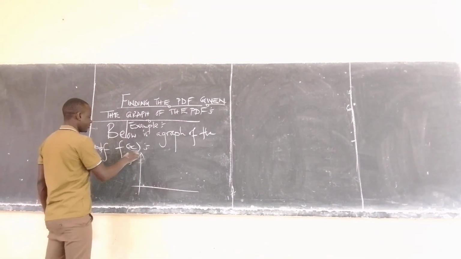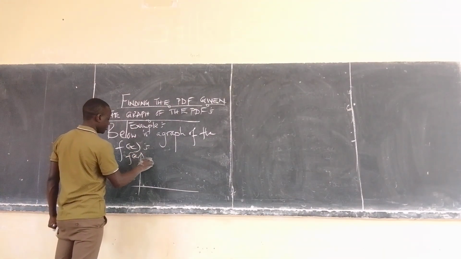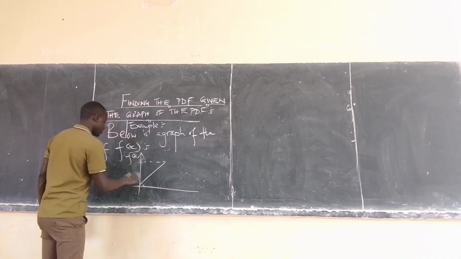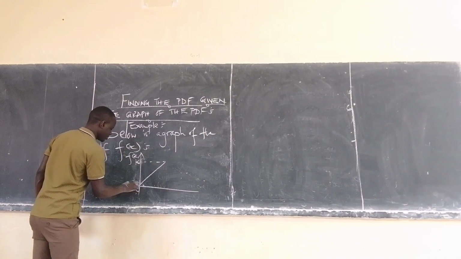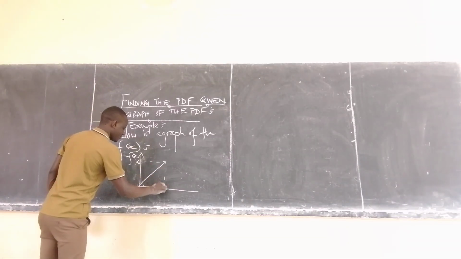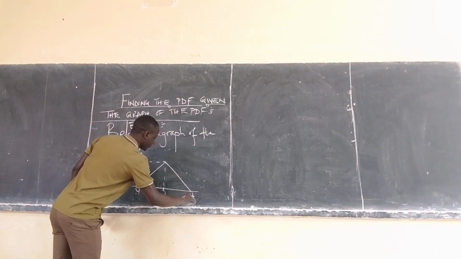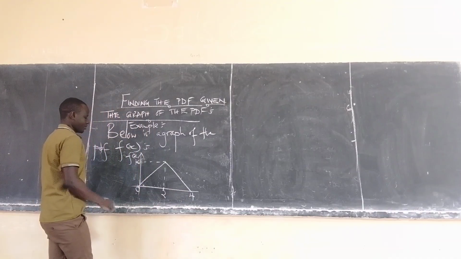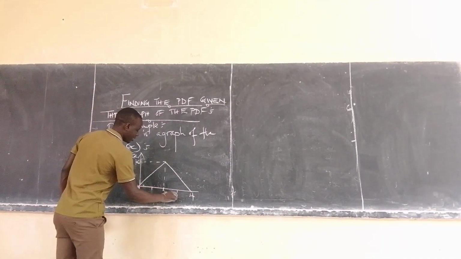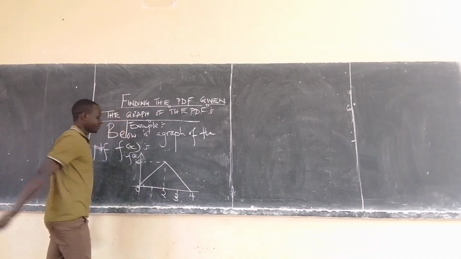This was the f of x. So this was a k, this was a 0, this was a 2, and then this is a 4. So this is a 1 and the 8.